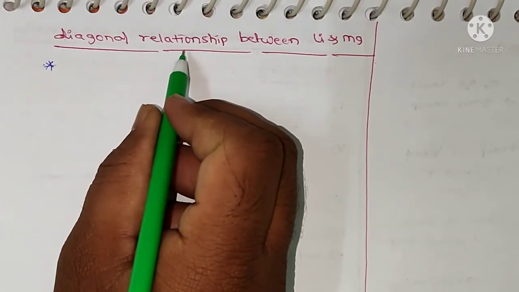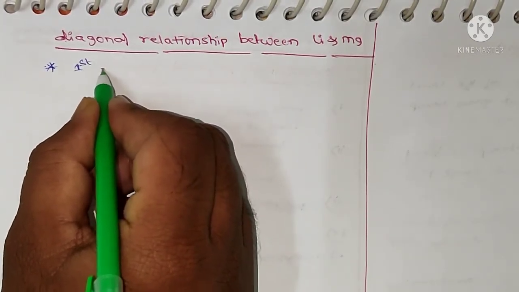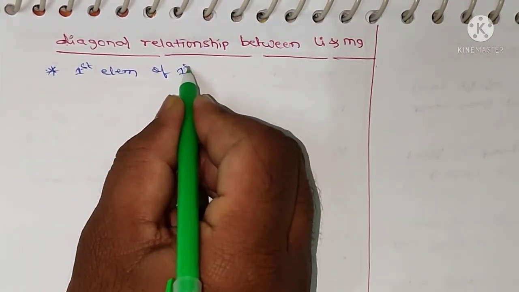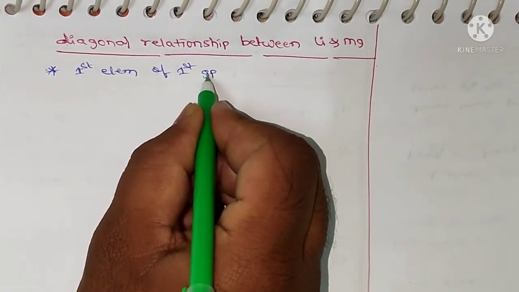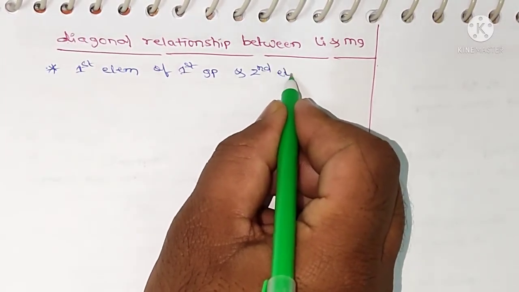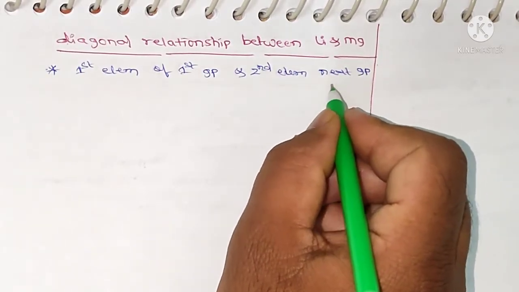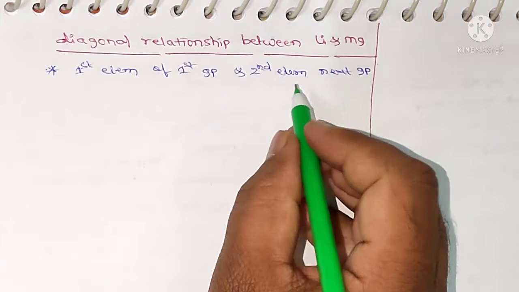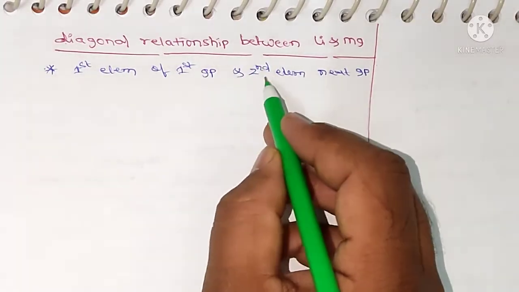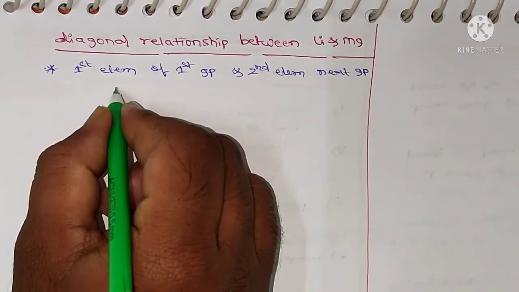The diagonal relationship is nothing but similarities between the first element of the first group and second element of the next group, called diagonal relationship.